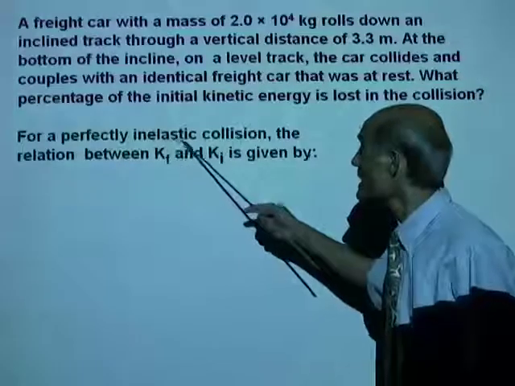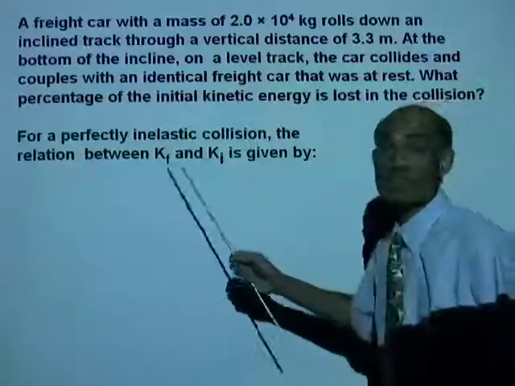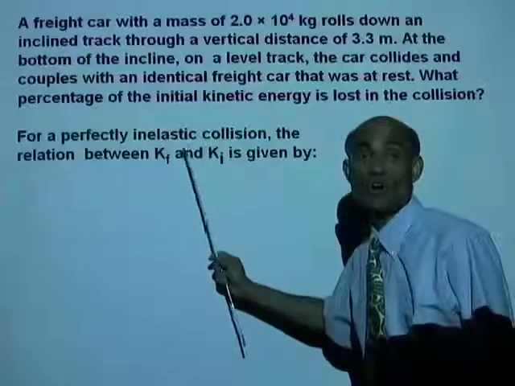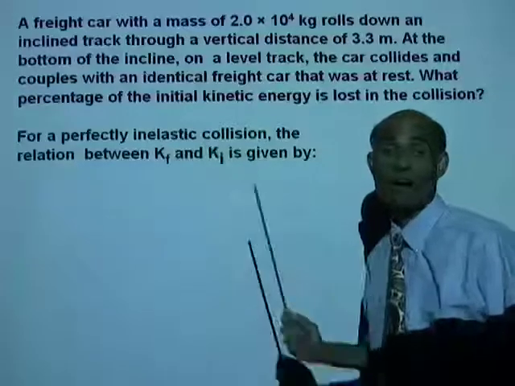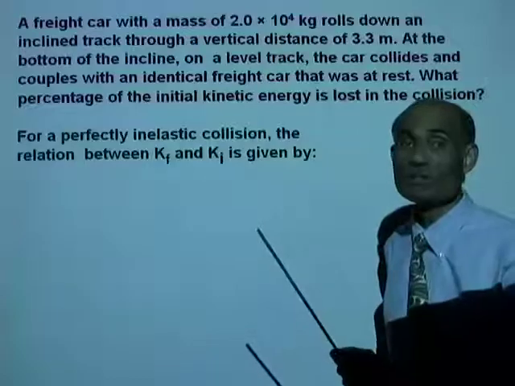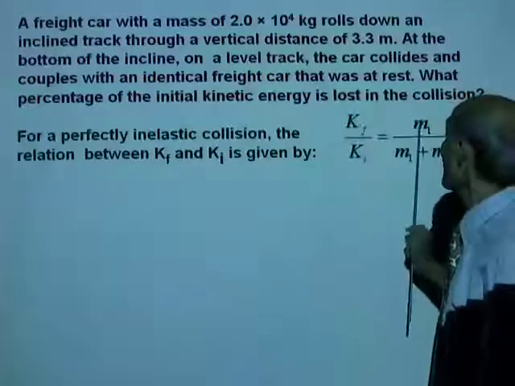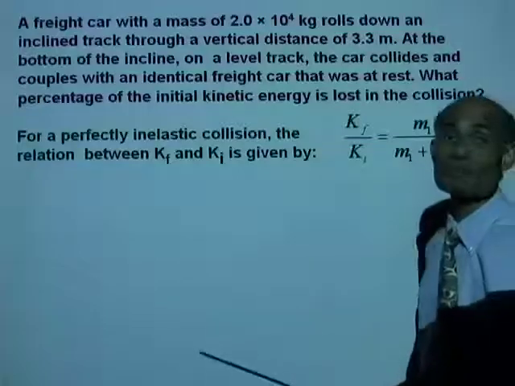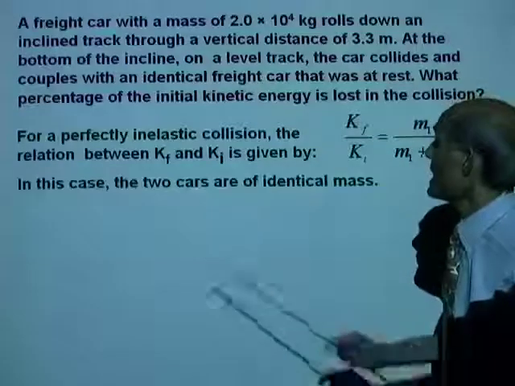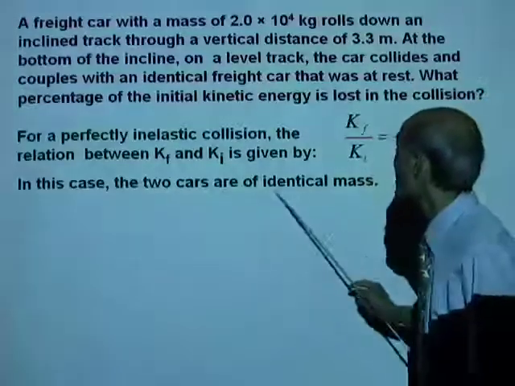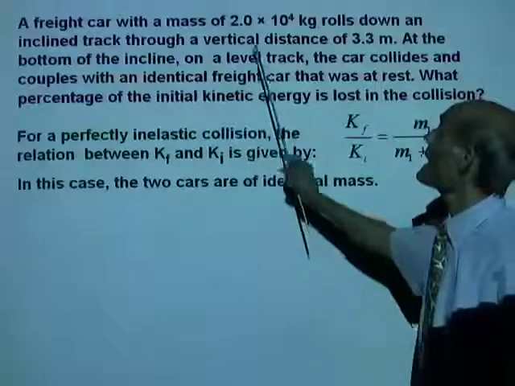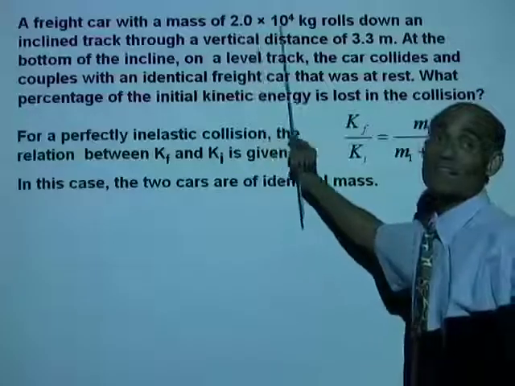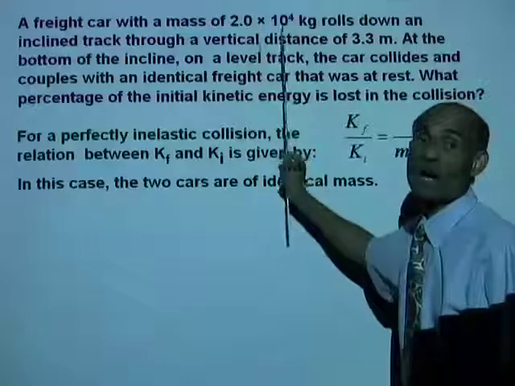For a perfectly inelastic collision, we obtained a ratio of Kf over Ki. What is that ratio? Kf over Ki is m1 over m1 plus m2. Now, in this case, the two cars are of identical mass and this is the mass of one car.